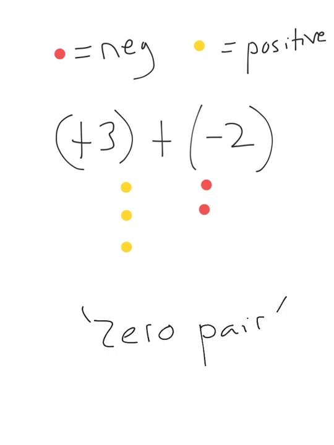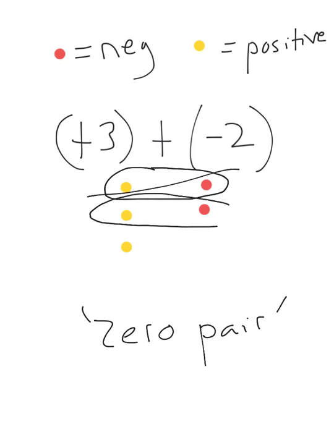This idea that negative 1 and positive 1 cancel each other out. So if I have $1 in my pocket, but I owe someone $1, really I have no money. I'm at 0. So we can say that 1 yellow and 1 red, 1 positive and 1 negative, cancel each other out, as well as this yellow and red. So all we are left with is 1 yellow, which equals positive 1.